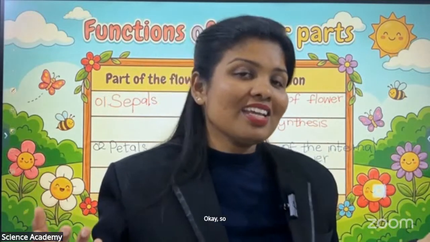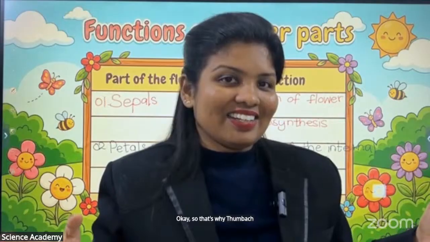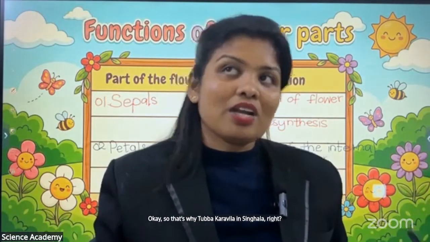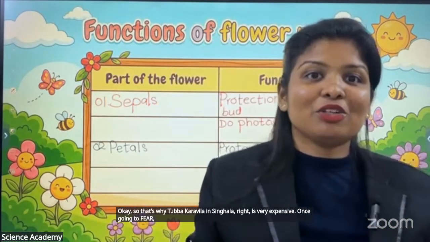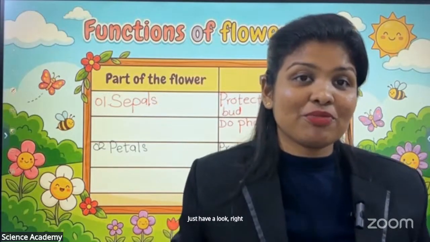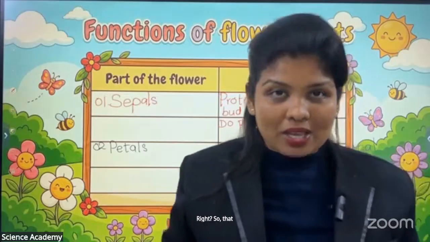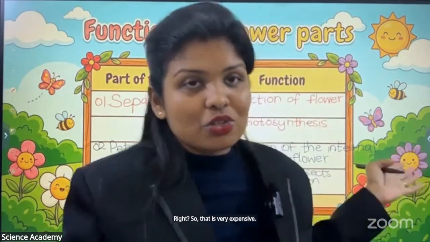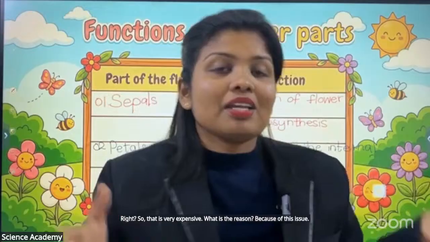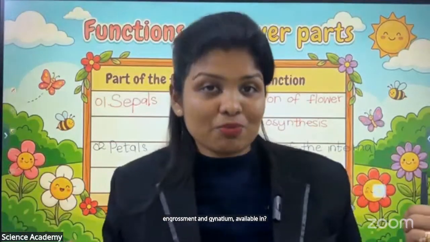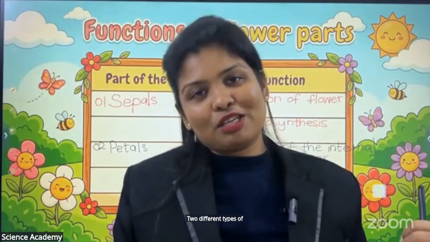So that's why Thumbakaravila in Sinhala is very expensive. Once you go to a fair, just have a look and ask them the price. What is the reason? Because of this issue. Androecium and gynoecium are available in two different types of vines, male vines and female vines.